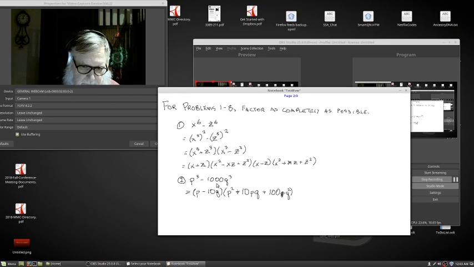So here, because 1000q cubed is actually 10q all cubed, we'll have p minus 10q, as we had over here, the difference, because it's the difference, okay, times p squared plus 10pq plus 100q squared. So here we just have a difference of cubes.